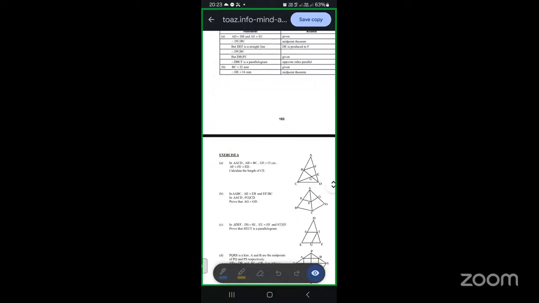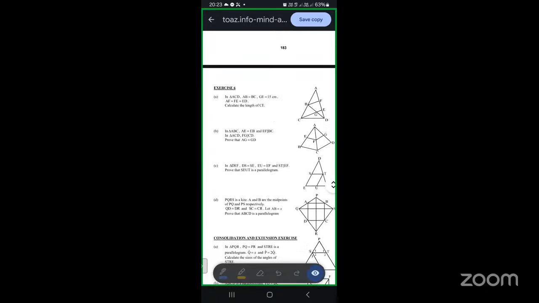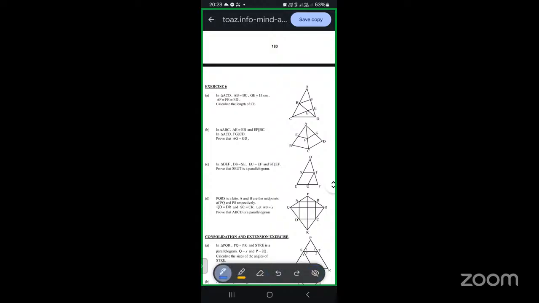And then I've got this exercise here, number B. I want us all to give it a try and have a little conversation about this one. They're saying the triangle ABC, this is the triangle, okay, ABC. And then AE is equal to EB, this line here, and EF is parallel to BC.